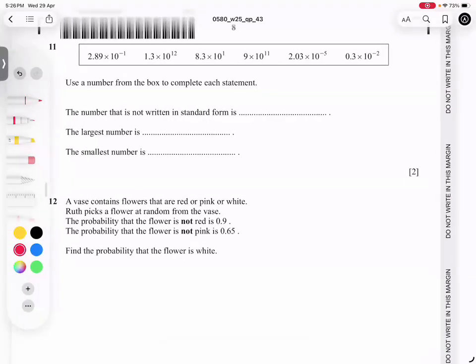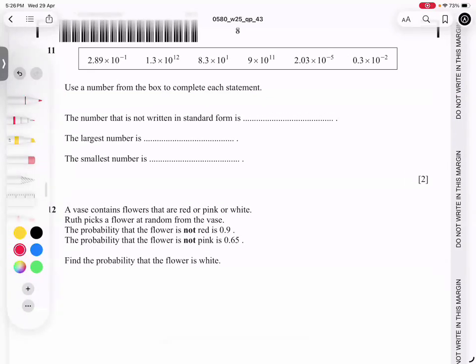Question number 11, students. We have to use the numbers from the box to complete the statement. The number is not written in standard form. How do we know that? You know what criteria we have? We must need a decimal from the left side.